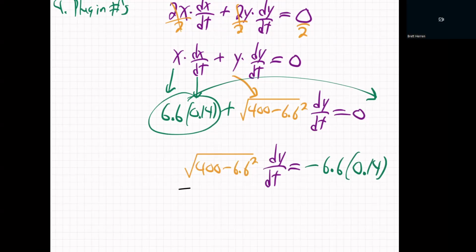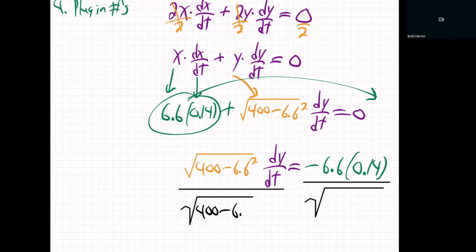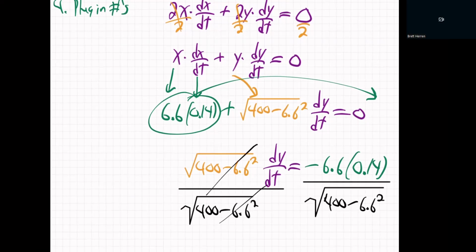Last step, divide by the square root of 400 minus 6.6 squared.